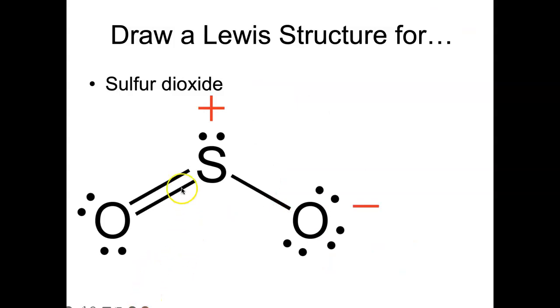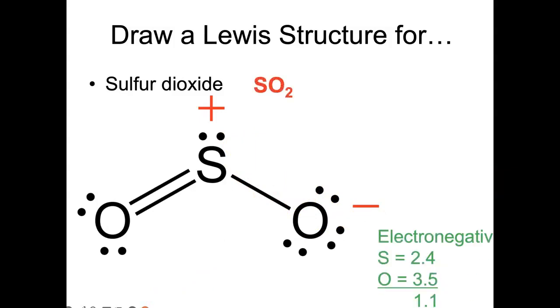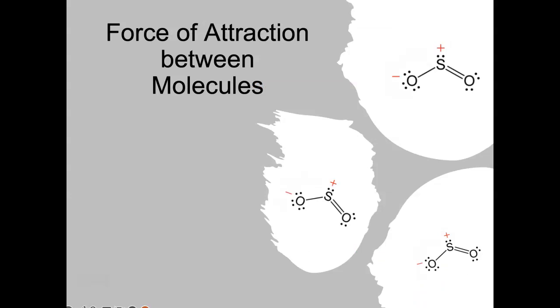There's our double bond there. That double bond will, actually, we don't even need to worry about what that double bond will do. And they're a little bit negative, a little bit positive on the sulfur, and a little bit negative on the oxygen.